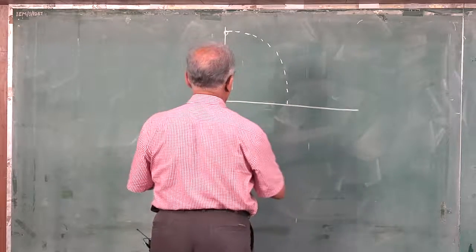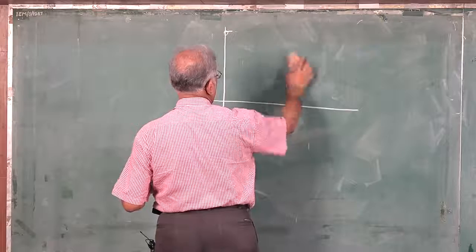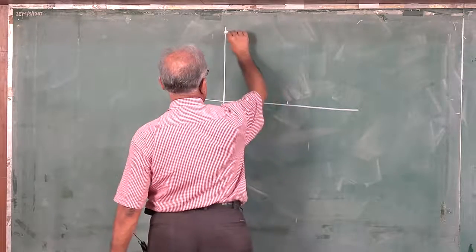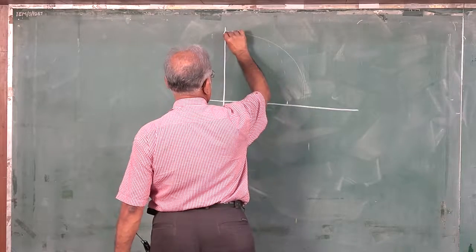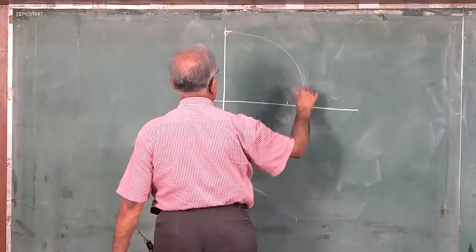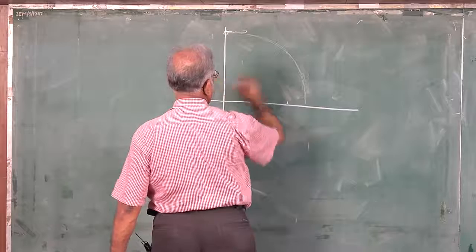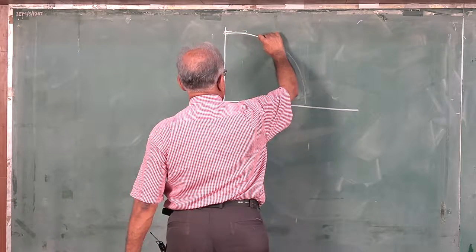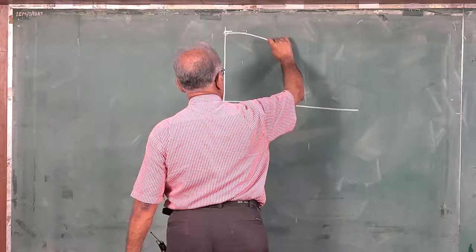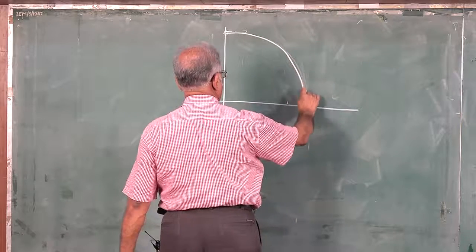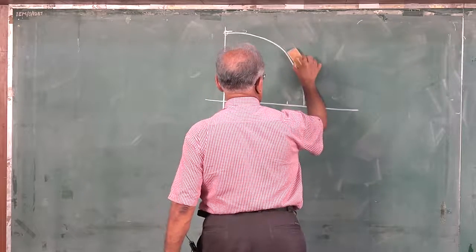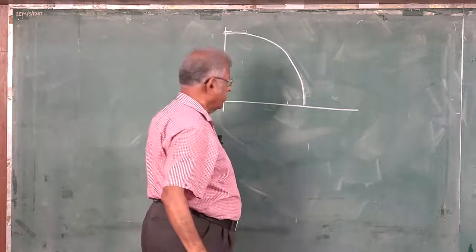it's no good, doesn't look like a circle. We want to take a quadrant of a circle, so we perhaps do something like this. This is fairly good enough. We have drawn the quadrant of a circle.